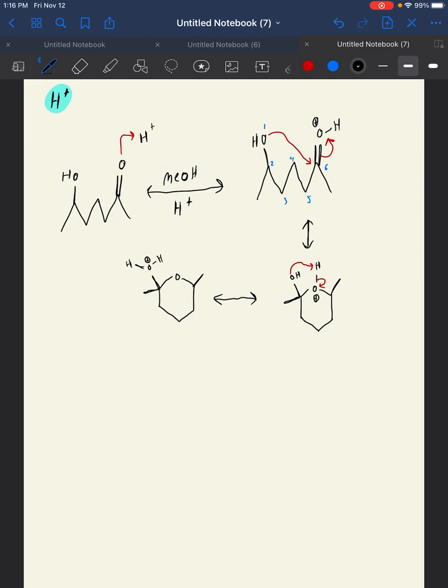Which looks like this. So this can now actually leave, leaving us with an open orbital. And you have to remember, we have excess MeOH still available to us.